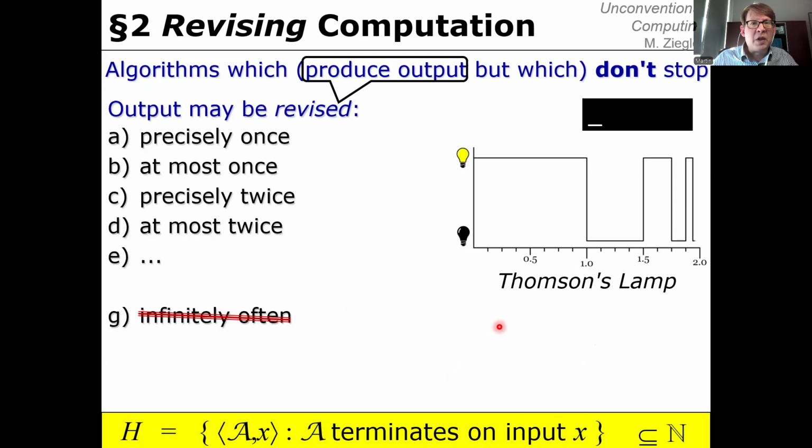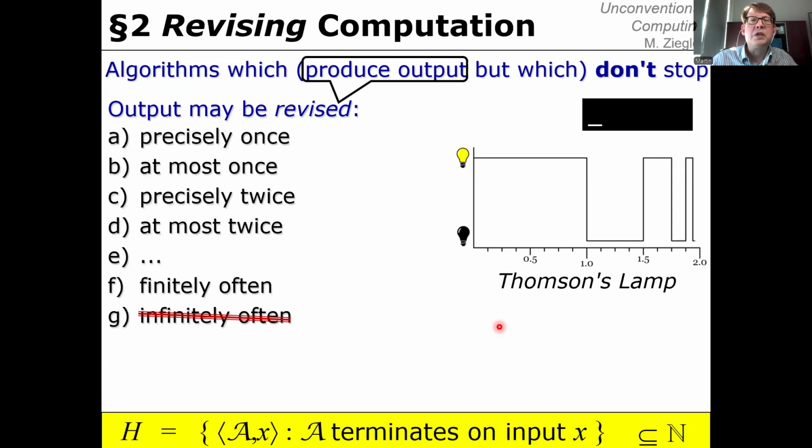And we've discussed the computational power of a non-terminating algorithm, which may change its output precisely once or precisely twice. And we've seen that changing the output precisely once or precisely twice or precisely three times does not give more computational power because we can simulate it by an algorithm that terminates, that waits for one or for two or three output revisions, and then simply stops.